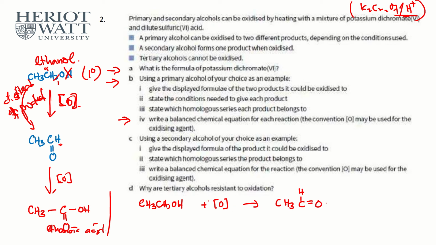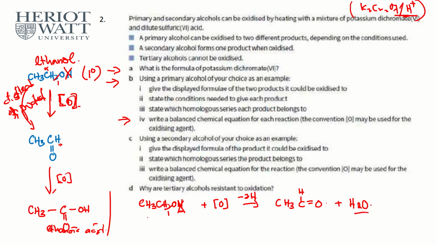In this case, obviously, I'm removing two hydrogens, like I did just now. So by adding one O in the balanced equation, I'm adding H2O. The H from here and one more H from here, together with the O from the oxidizing agent, give you water. So this is the balanced equation for the first part.